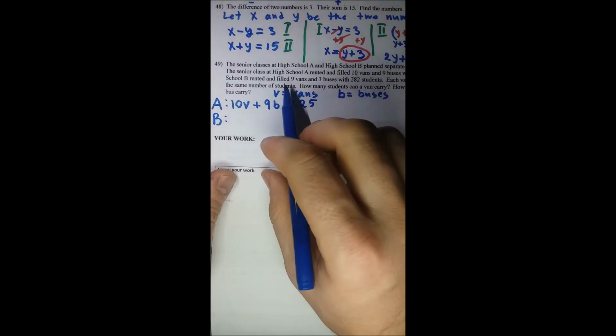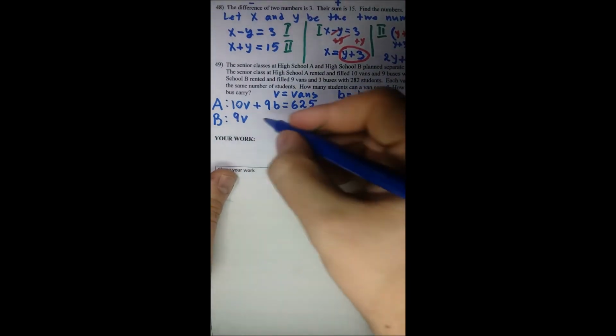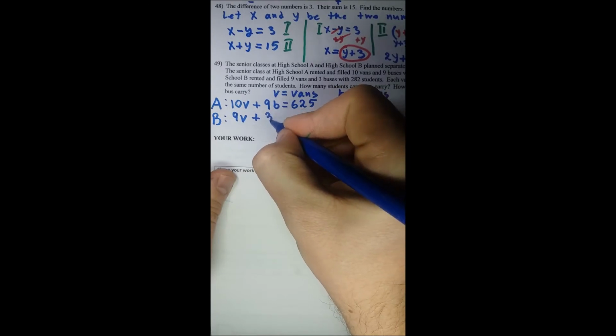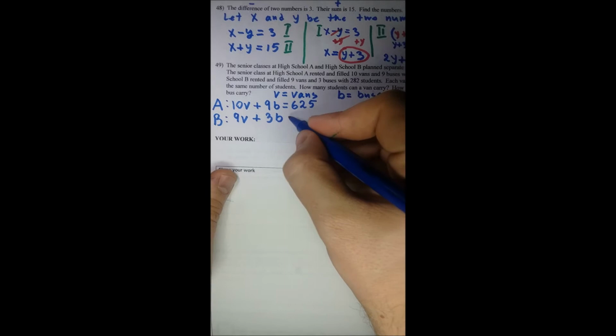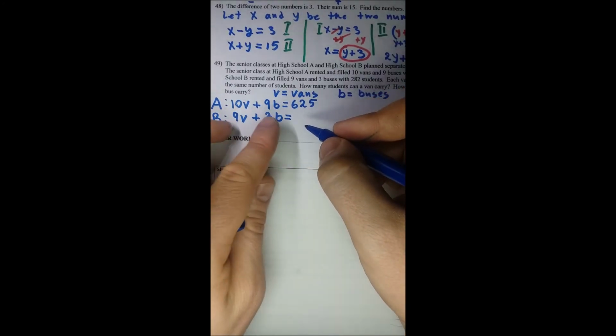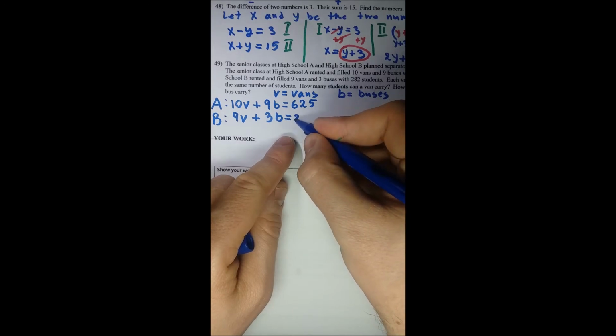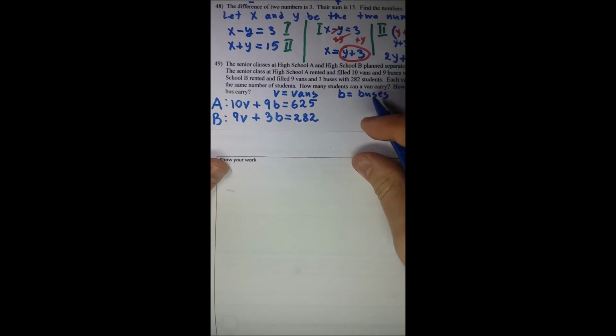Now, High School B rented 9 vans and 3 buses carrying, so students in 9 vans and 3 buses combined were how many? 282.